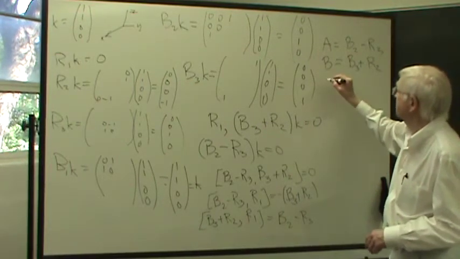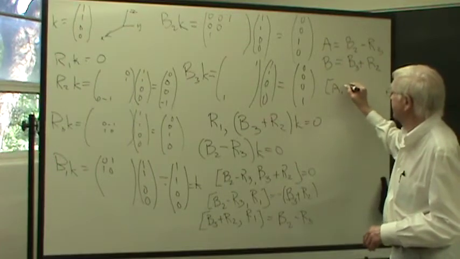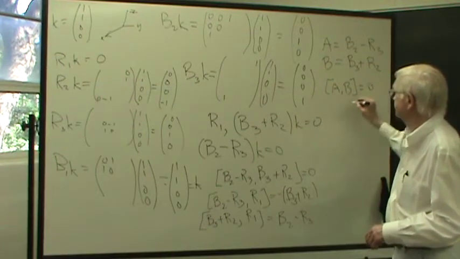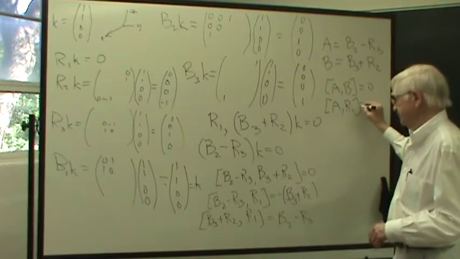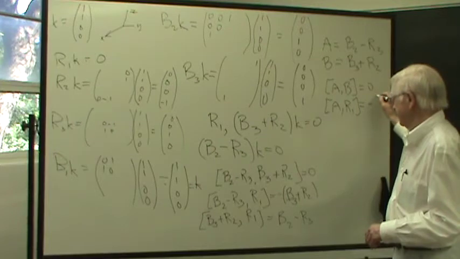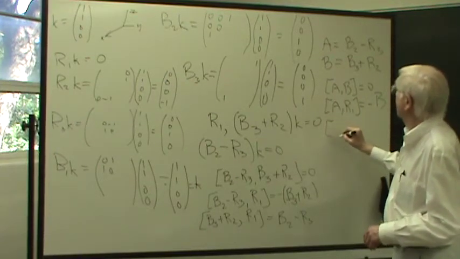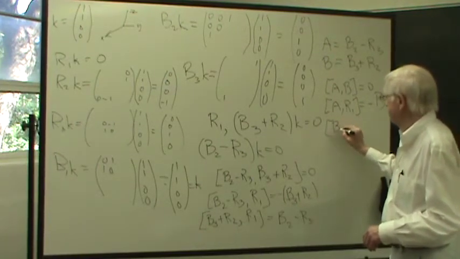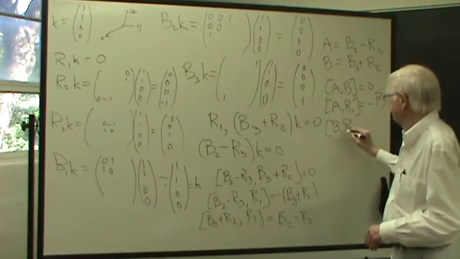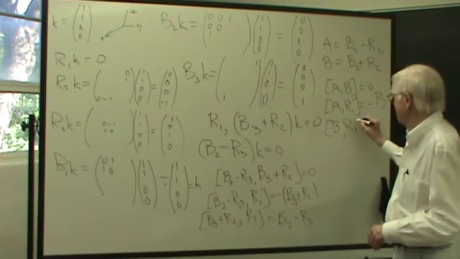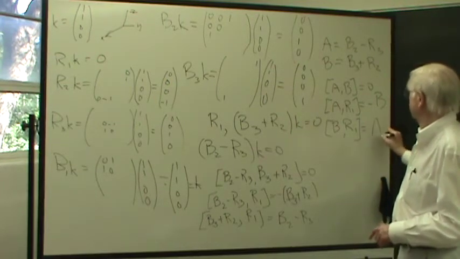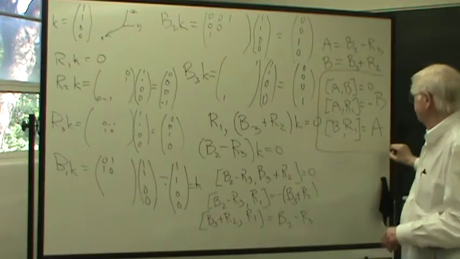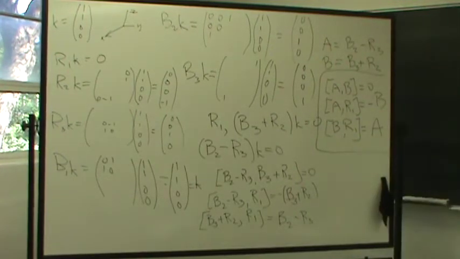So then we have the commutation relations that A commutes with B, and that A with R1 is minus B, and B with R1 is A. So this is the Lie algebra of the little group of massless particles.